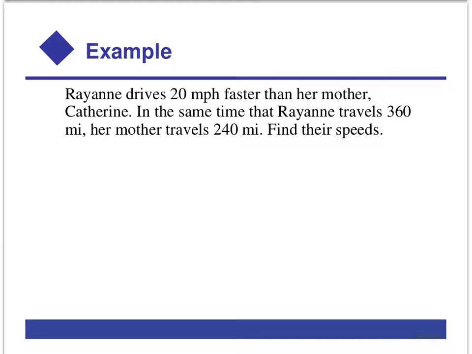Basically, all I'm going to do is select R plus 20 to equal the speed of Rayanne. So Rayanne equals R plus 20, and her mother equals R, because we're trying to find the speed of Catherine.